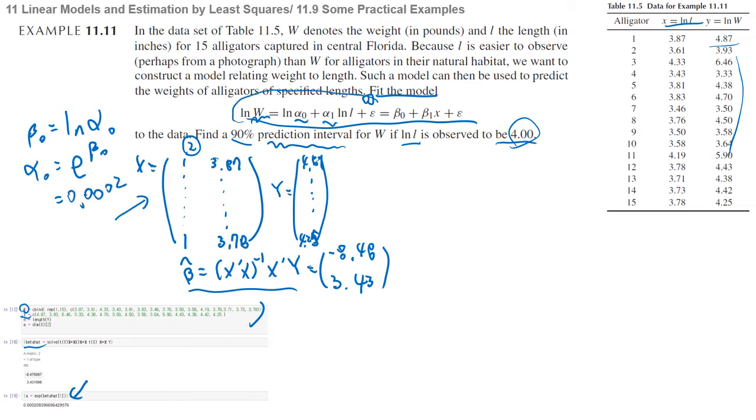From here we can model the situation like this: W equals alpha 0 times L to the alpha 1.